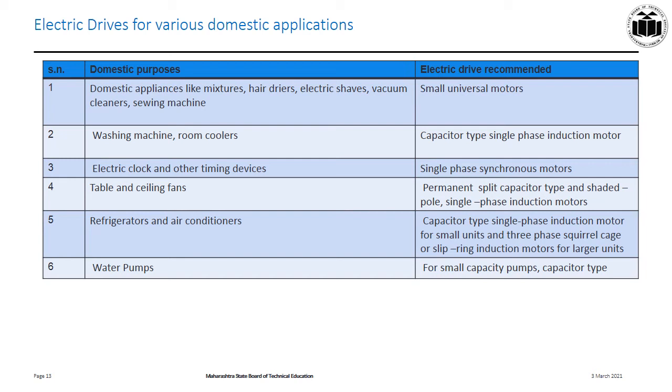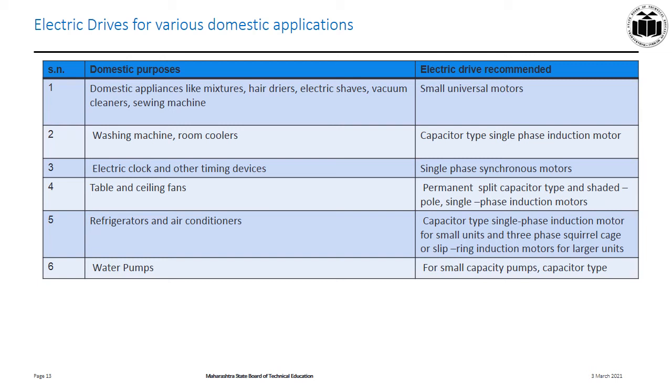Small universal motors are useful for domestic appliances which include the mixer, hair dryer, electric shaver, vacuum cleaner, etc. The capacitor type single phase induction motor is useful for the washing machine and the room cooler. The single phase synchronous motor is suitable for electric clocks and other timing devices.